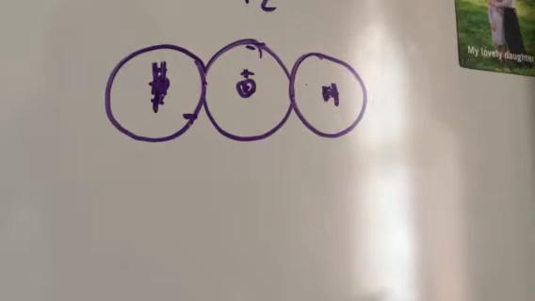So a molecule is 2 or more atoms that are bound together. Usually they just share an electron. Okay, and that's the end of the first part.